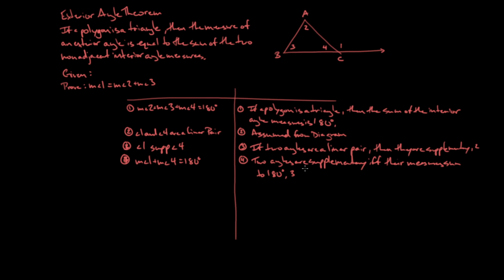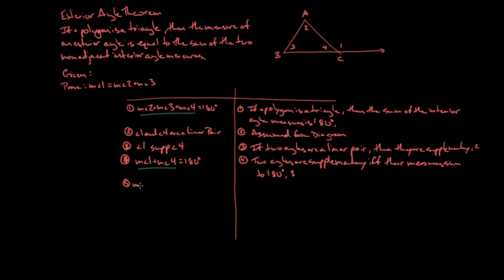Okay, so now that I have these two equations set up, let's highlight these. So these 3 angles add up together to get me to 180 degrees. And these 2 angles add together to get me to 180 degrees. So that means that they have to be equal to each other. And so that will be my statement number 5.